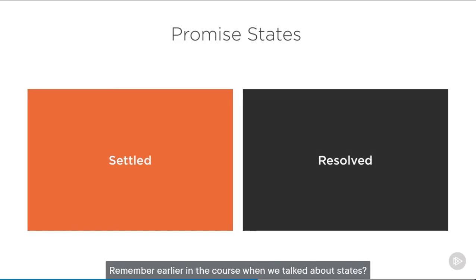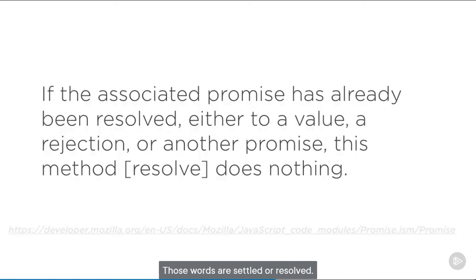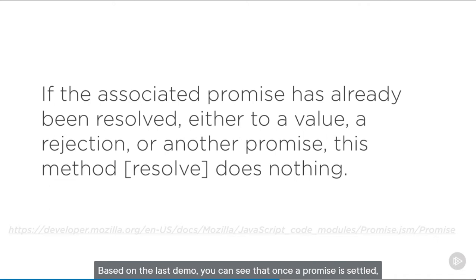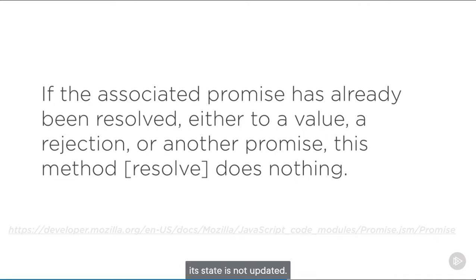Remember earlier in the course when we talked about states? I mentioned that there are two other words that are used to reference when a promise is no longer pending. Those words are settled or resolved. Based on the last demo, you can see that once a promise is settled, its state is not updated.